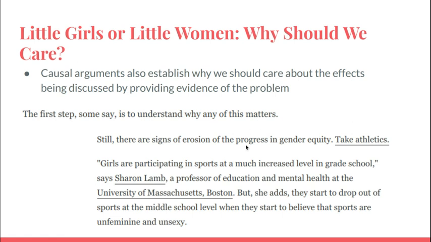And then they argue that this matters because there are some problems with the progress towards gender equity. And they use athletics as one example, but then later in the article, they also go on to talk about this in academics and in other settings, right? So the author isn't just saying, here's one reason why this matters, but instead, they're looking at lots of different ways in which this matters. And the hope there is that their audience will understand and identify with at least one of those things so that we can see why we should care about this issue.